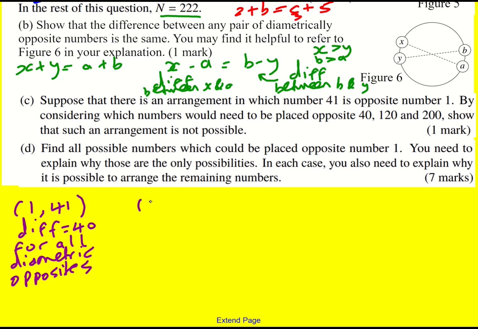Now let's consider the number 40 itself. It can't be opposite 0. Remember, we're going from 1 to 222 now. So 40 is going to have to be opposite 80, and 80 opposite 40. If we jump to 120, then that can't be opposite 80 because I've already got it opposite 40. It's going to have to be opposite 160. And then that leaves us with 200, which can't be opposite 160, but it also can't be opposite 240.